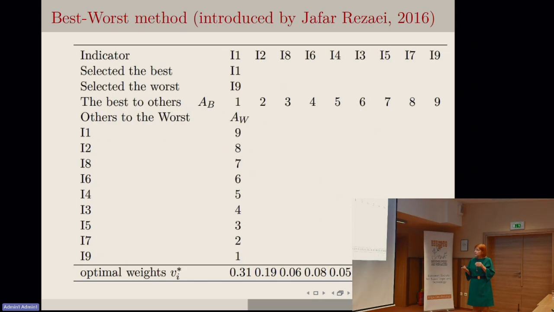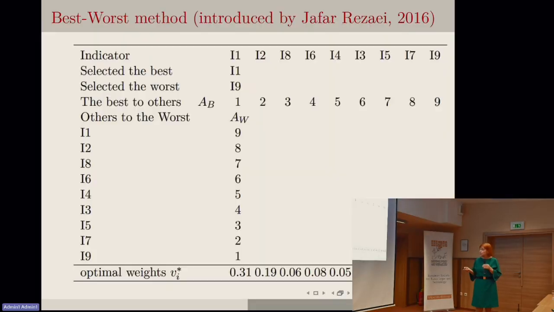And I am going to discuss the best-worst method. This best-worst method is very popular recently because in the calculation we need only one vector and two vectors.